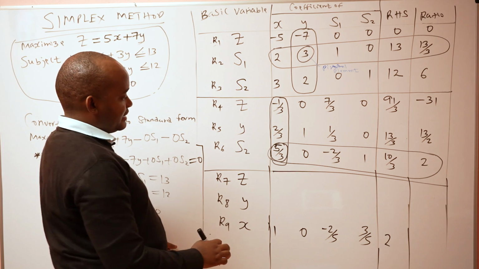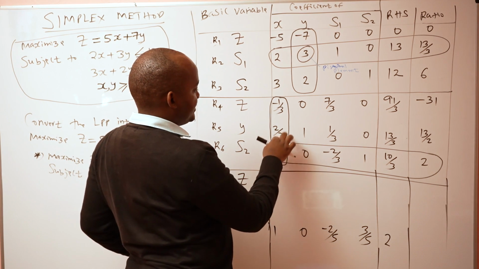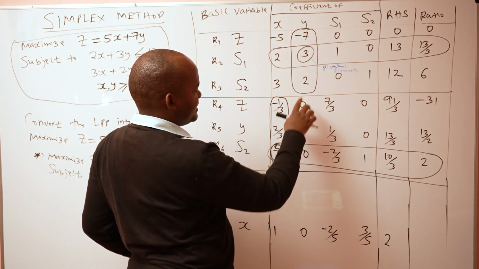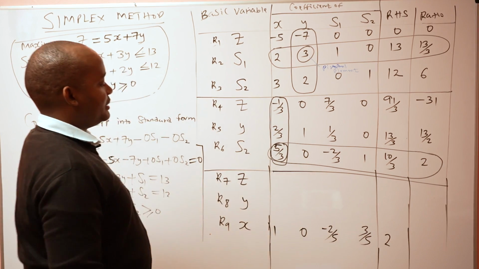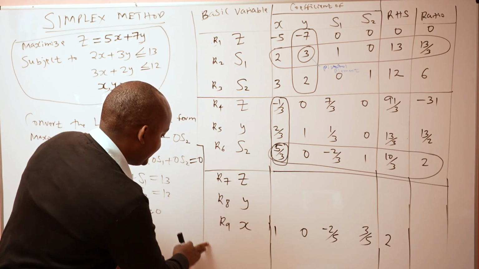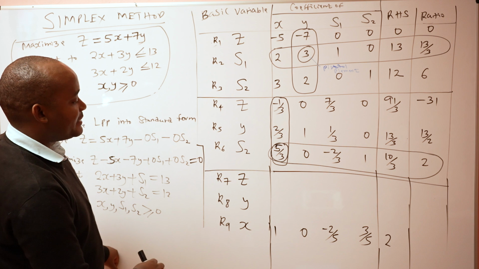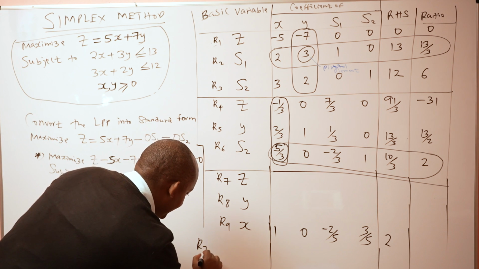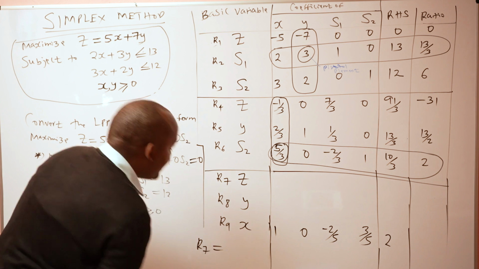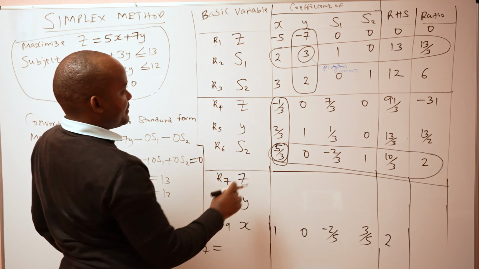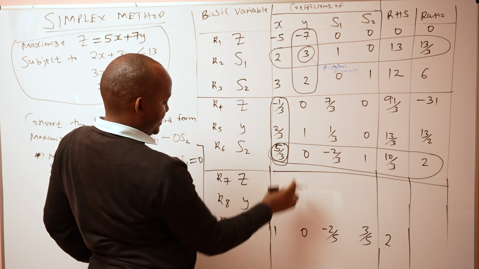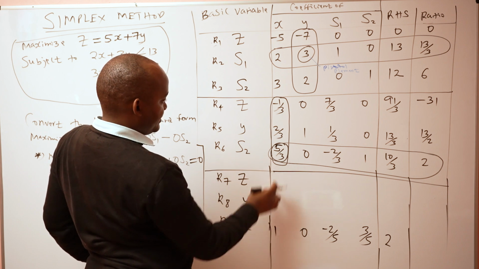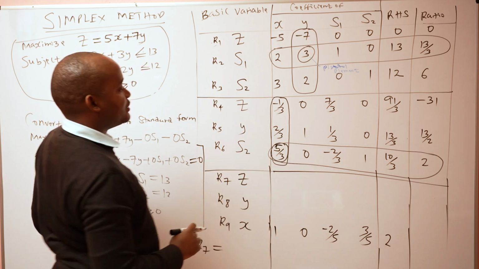The other thing is now to make this entry 0 and this 0, just like we did with the previous table. So row number 7 will be filled as follows by the use of the elementary row operations. We are going to use row number 4 together with the new row number 9 to make this particular entry 0.